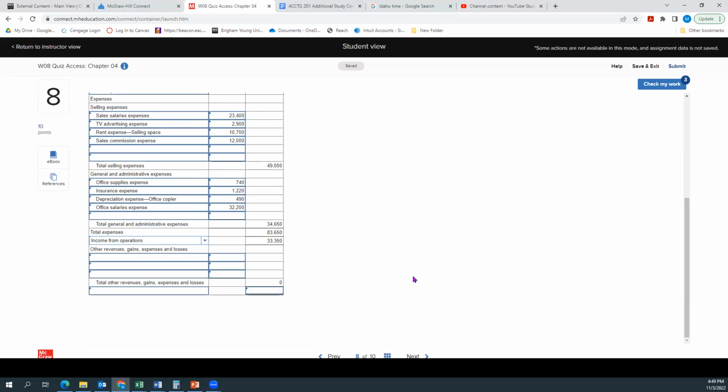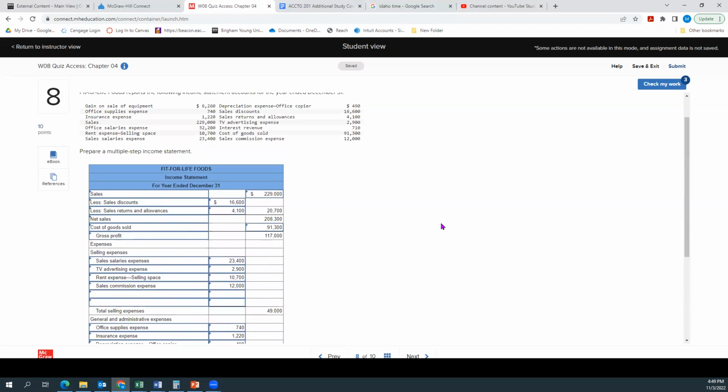Here's the other revenues or gains, expenses, and losses. This would be like if we make any gains on selling assets that's not what we normally sell. You can see here they have a gain on sale of equipment, or any revenue or expenses on stuff that's not part of our normal day-to-day operations.